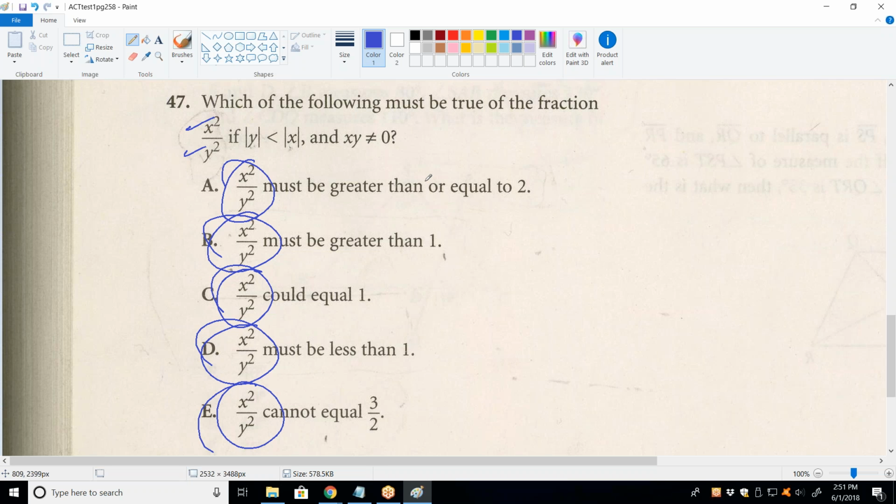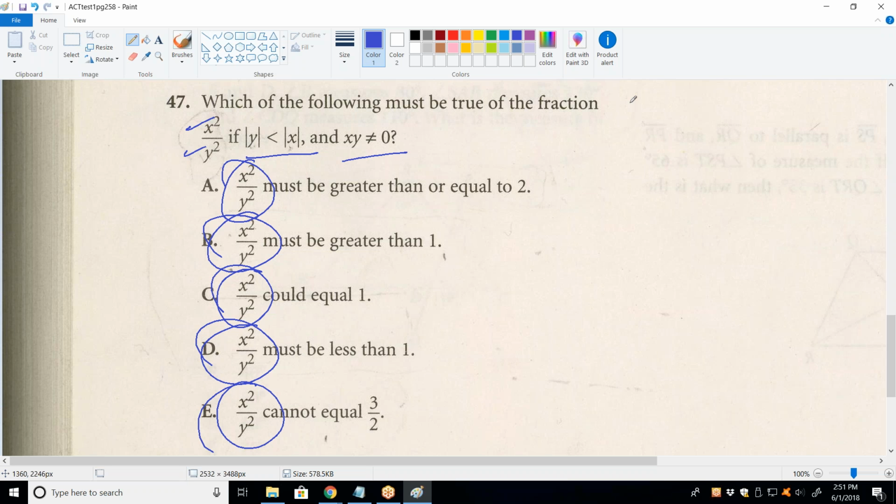They are not fixing X and Y. The only thing I can't violate is that the absolute value of Y has to be less than the absolute value of X, and they cannot be equal to 0, which means neither one of them can be 0. Okay? So let's pick some X's and Y's and see which one of these might be true.